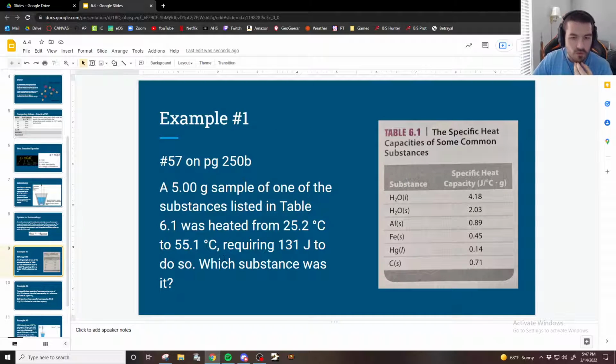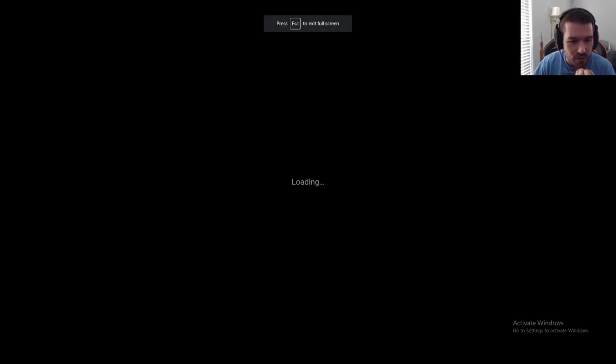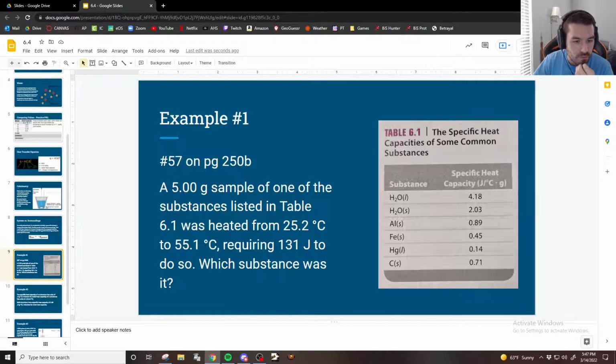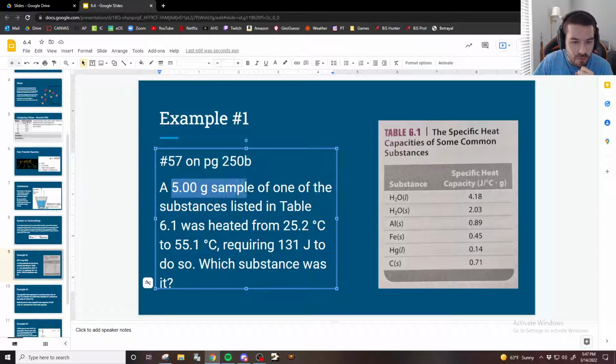All right, so let's look at example number 1. This is number 57 on page 250B, from chapter 5, I believe. We've got a 5-gram sample of one of these substances from table 6.1: liquid water, solid water, aluminum metal, iron metal, liquid mercury metal, and solid carbon.